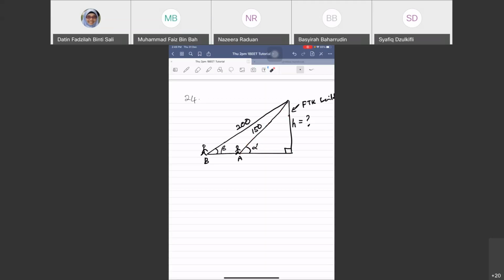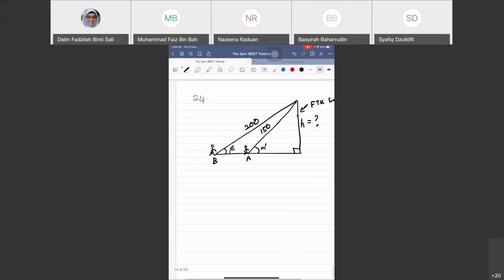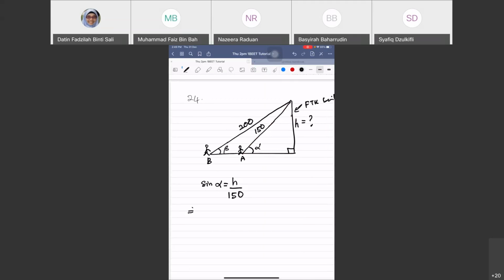So one equation is sine alpha equals H over 150, so H equals 150 sine alpha.